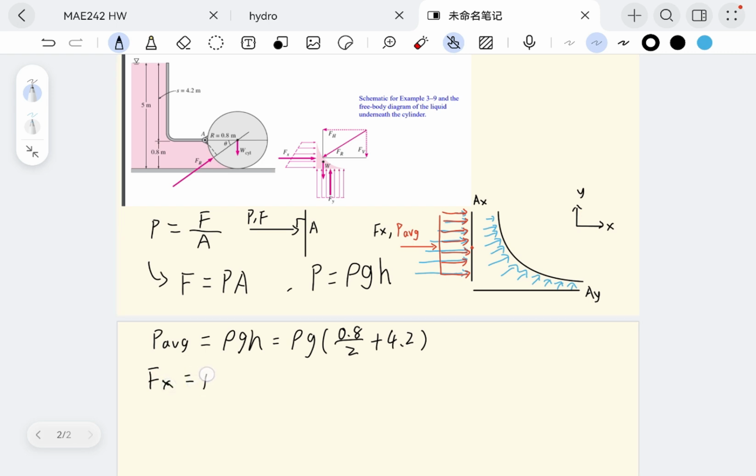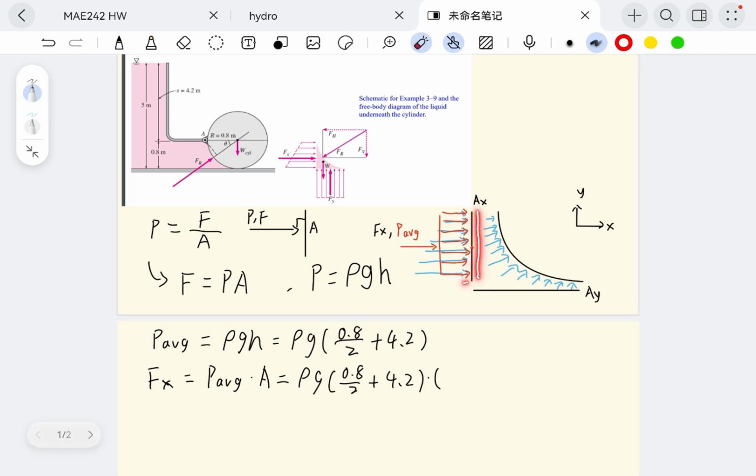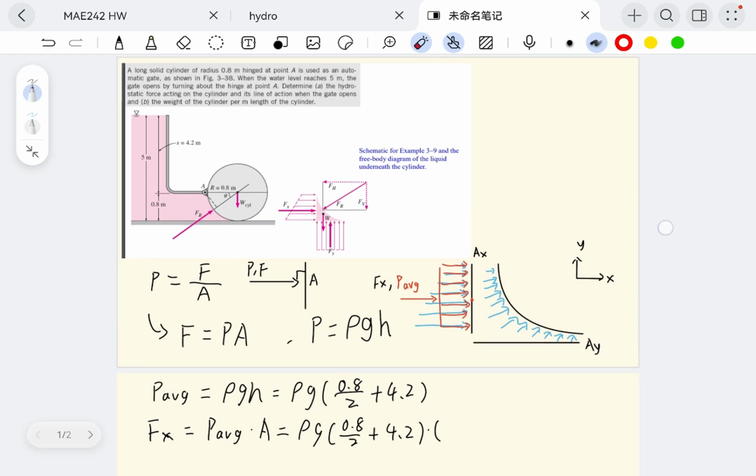Fx would equal to P average times area. What is area? Well, the area here would be the height times how deep it goes into the page. Here it says per meter's length.